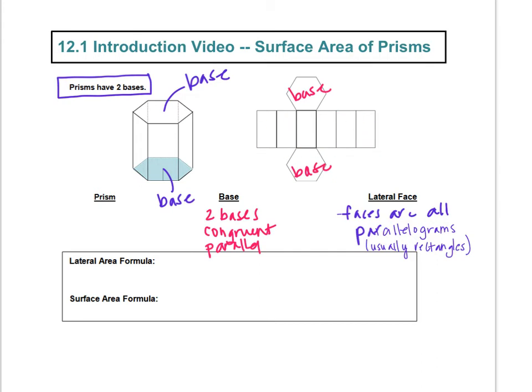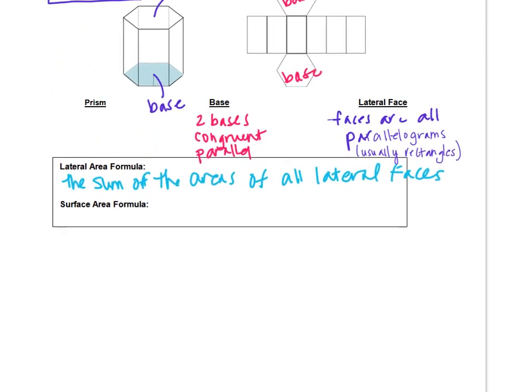So our lateral area formula is the sum of the areas of all lateral faces. If we're trying to find a lateral area, it's basically the sum of all the lateral faces.